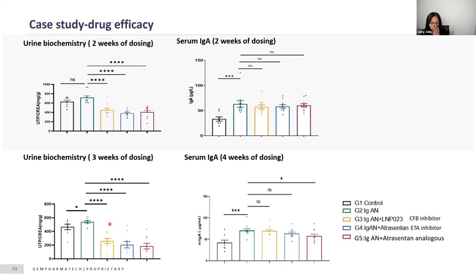And with the treatment of the drugs, 2 weeks of the dosing, we could see the decreased level of UTP to creatinine in the drug treatment group, and also after 4 weeks of dosing, we found the ETA inhibitors could significantly decrease the level of IgA in serum, and also the C5B inhibitors and the ETA inhibitors all decrease the UTP to creatinine ratio significantly compared with this group.